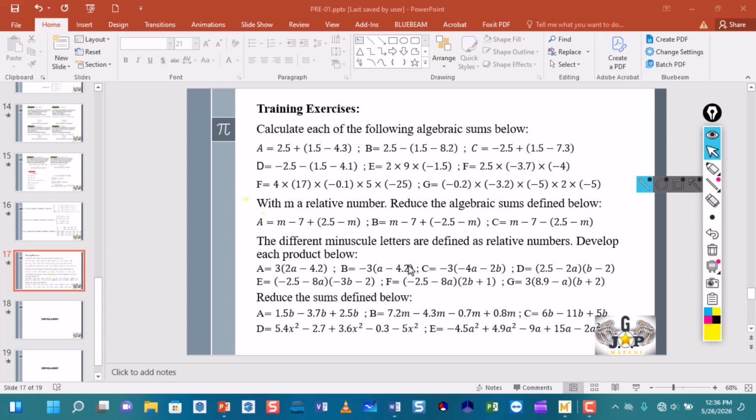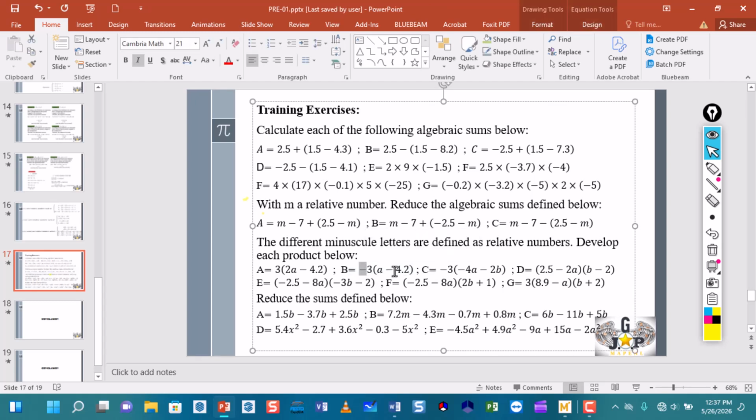Okay, so the same thing for this one, but remember the sign rule. You have to respect the sign rule. If you do not know how to work with the sign rule, such as in this expression, go back to the previous videos that I've made. Go through them. One of them will lead you to a better understanding of the sign rule.